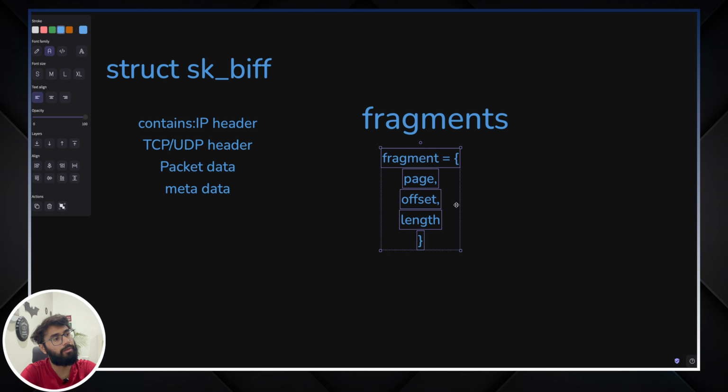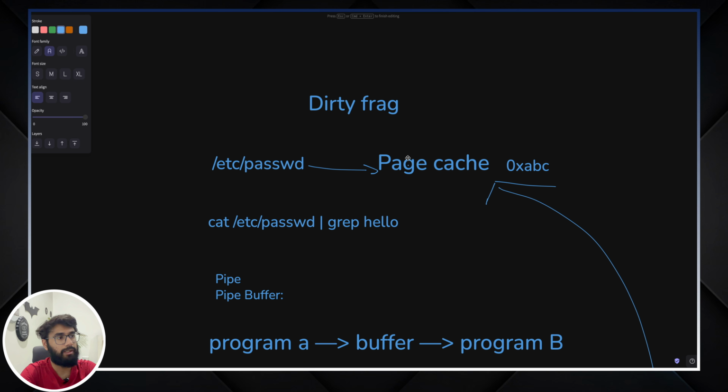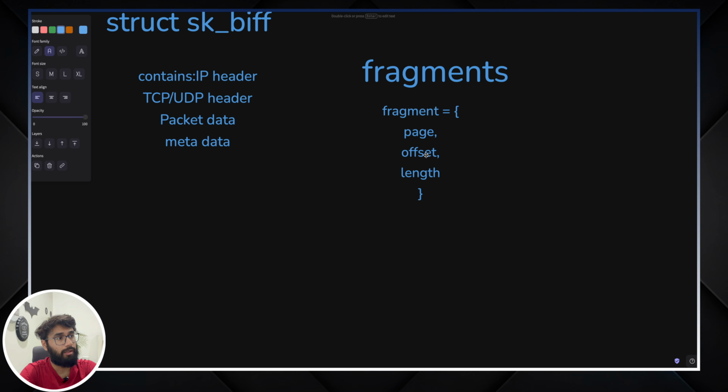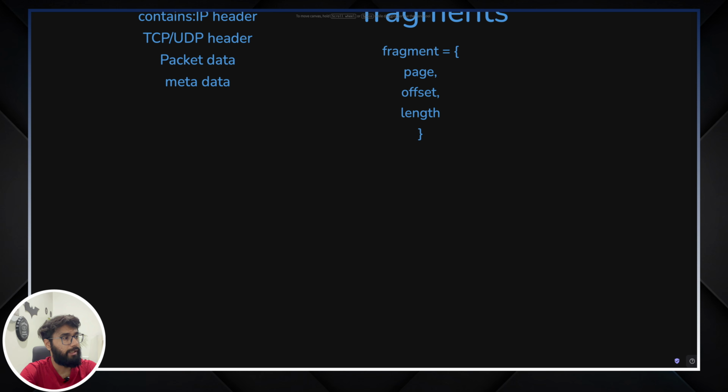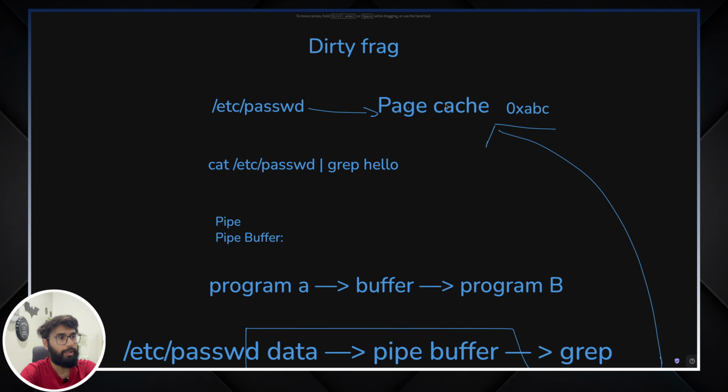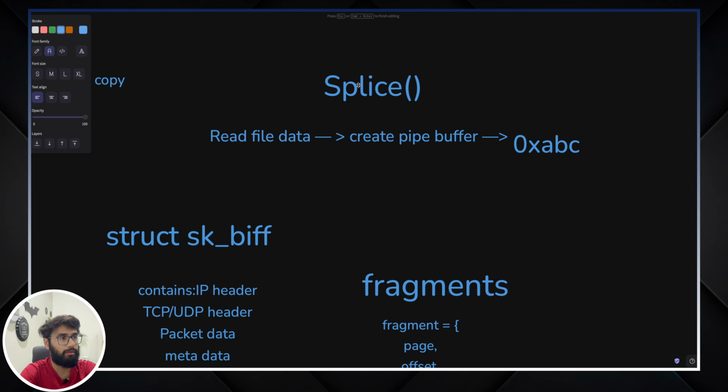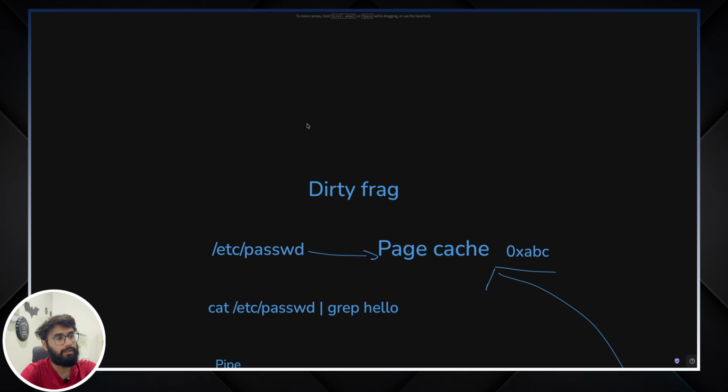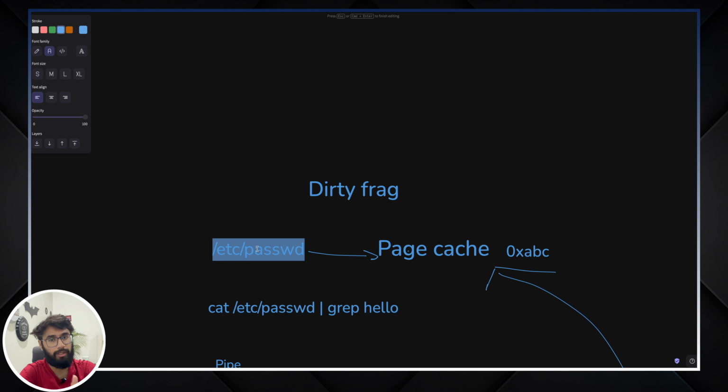If you see here, the important term is the page. The page cache contains multiple pages here, and the fragment also contains the page reference. Suppose we have loaded the etc password already in the page cache, and we have run the splice command. What will happen whenever we have to access the etc password? It will not create a copy.